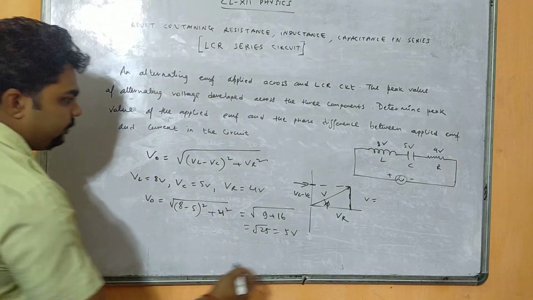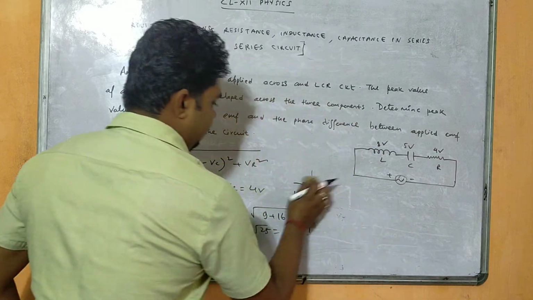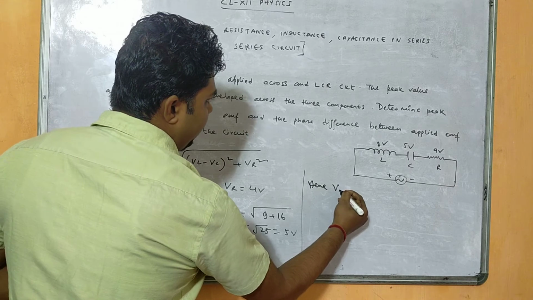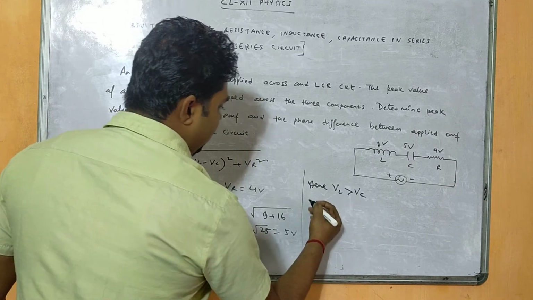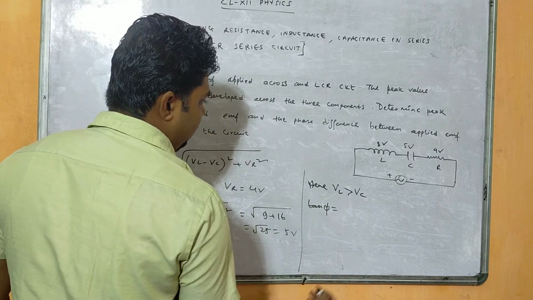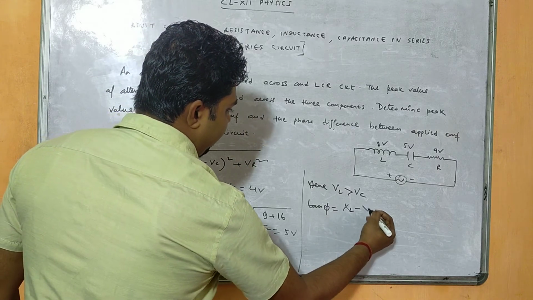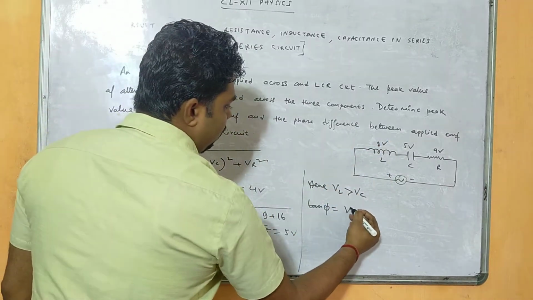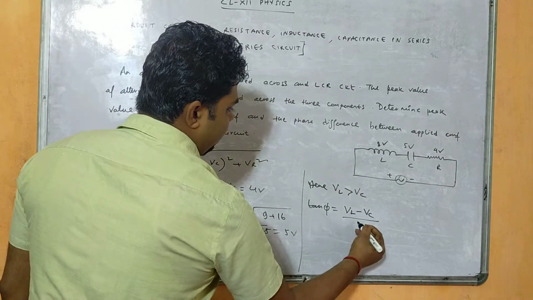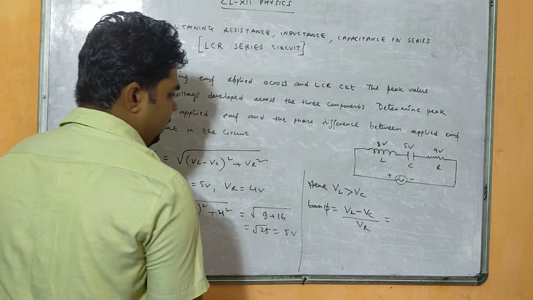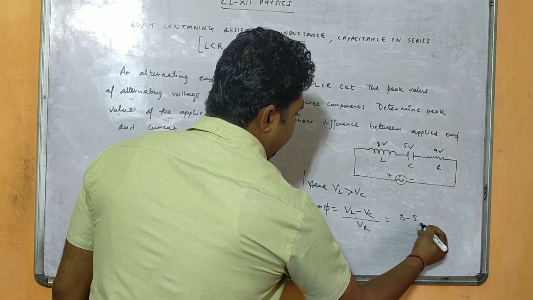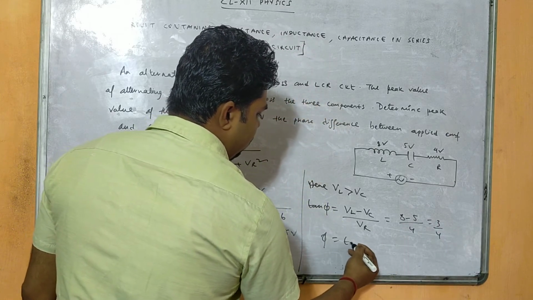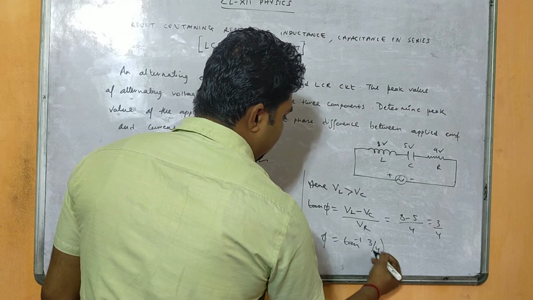So here VL is greater than VC, therefore tan phi will be XL minus XC, or, since XL and XC are not given in the question, we will use this formula: VL minus VC by VR. So VL minus VC, that is 8 minus 5, divided by 4, that is 3 by 4, or phi equals tan inverse 3 by 4. This is the answer.